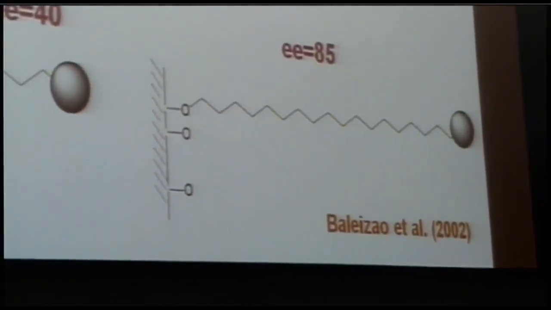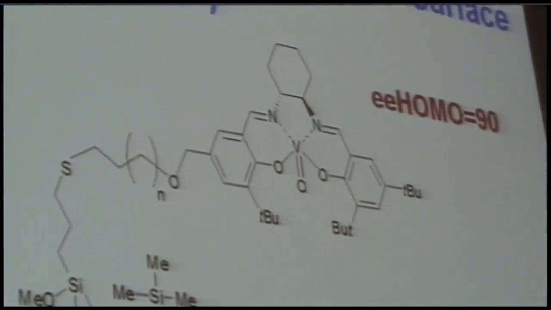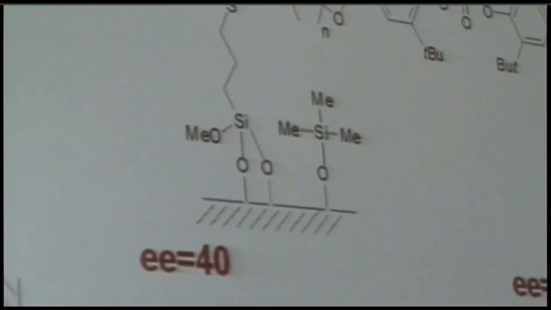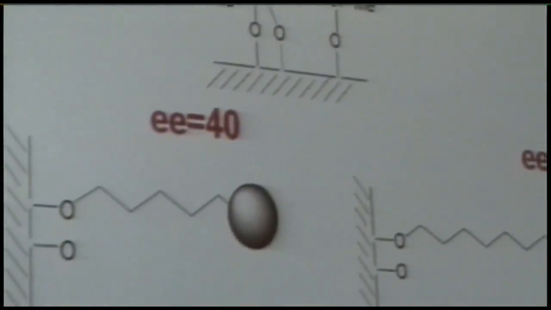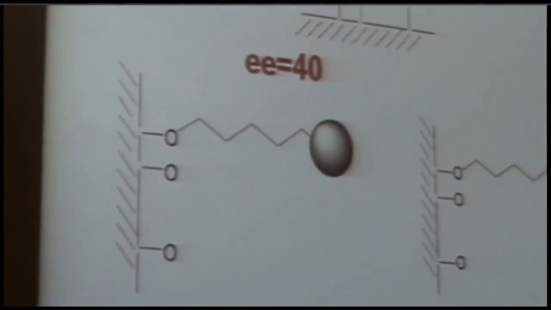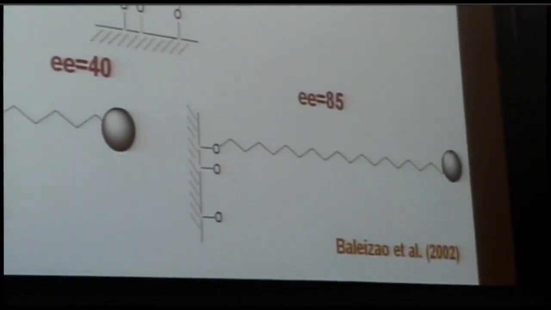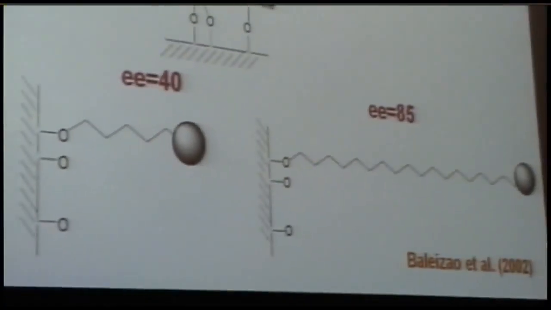That is just a pure silica. So then you have to start either to passivate the surface or to increase the size of the chain in order to make that active site like it would be free in the solution. And then you recover almost the enantioselectivity. We didn't win too much except the fact that we can recycle the catalyst. But we would like to do better.